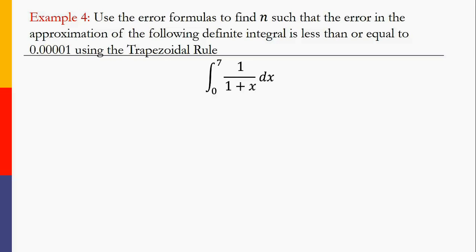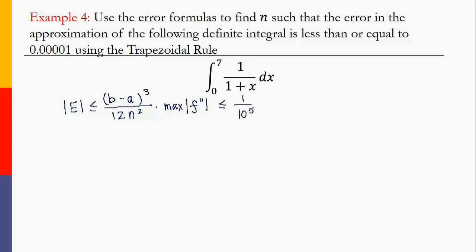So we recall the formula: the absolute value of the error is no more than (b minus a) to the third power divided by 12n squared times the maximum of the absolute value of the second derivative. And we want this error to be no more than 1 over 10 to the fifth power.